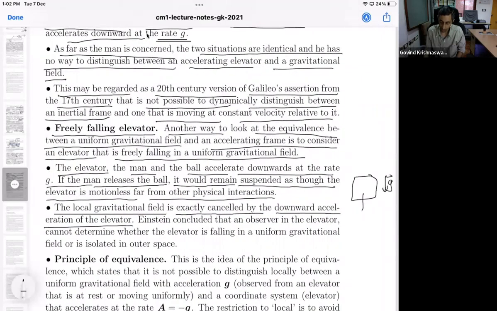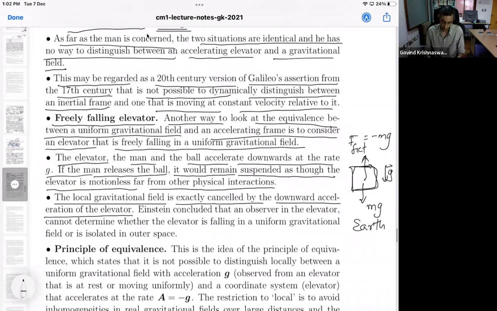There is anyway this mg force due to the Earth, but there is also a fictitious force which is given by minus mg that is pointing upwards because the frame itself is accelerating. These two cancel each other out. The local gravitational field is exactly cancelled by the downward acceleration of the elevator, and Einstein concluded that an observer in the elevator cannot determine whether the elevator is falling in a uniform gravitational field or the elevator is isolated in outer space. These two situations you cannot distinguish without looking out of the elevator.